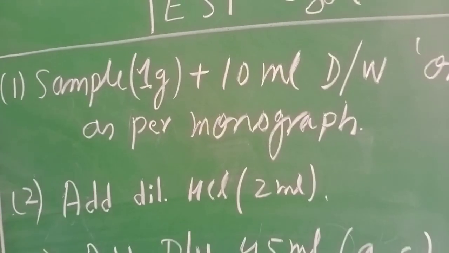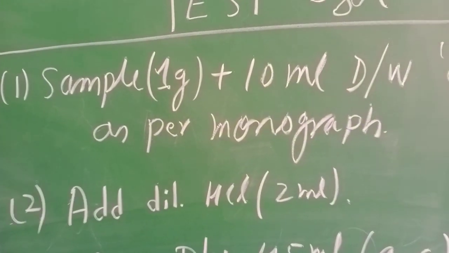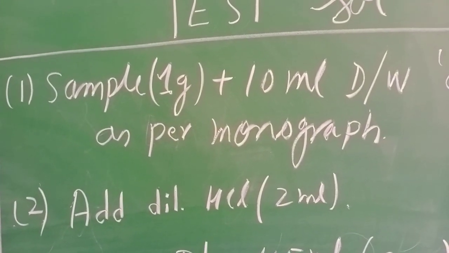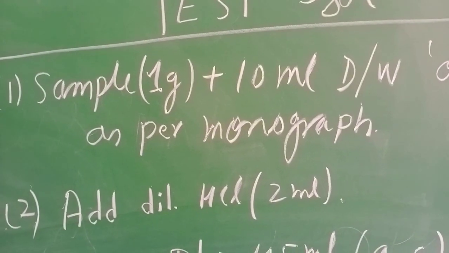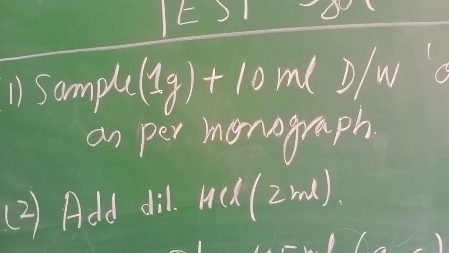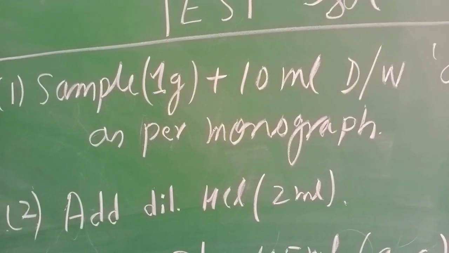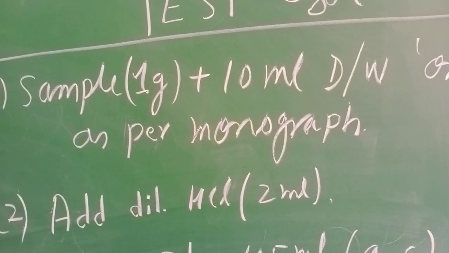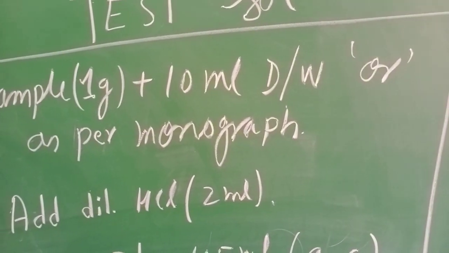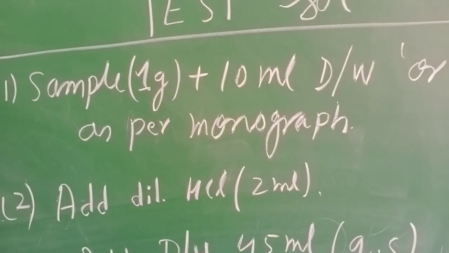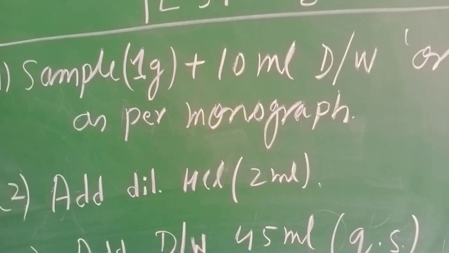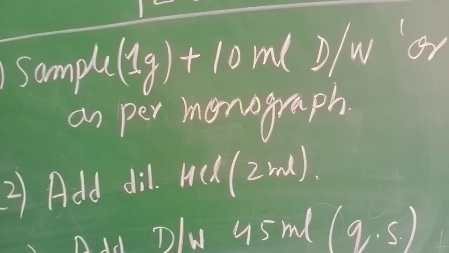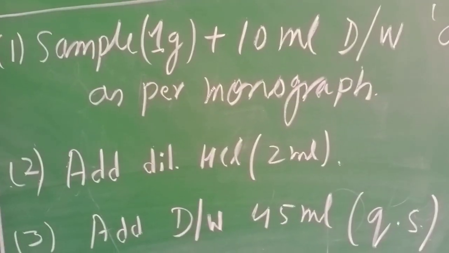So in order to dissolve the sample, 1 gram of sample is initially dissolved in 10 ml of distilled water, or the sample is prepared as per the procedure given in the monograph.